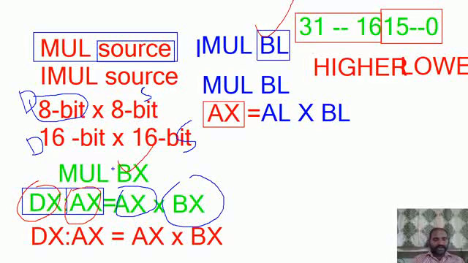Now, in short, AX is holding the result of the 8-bit multiplication.